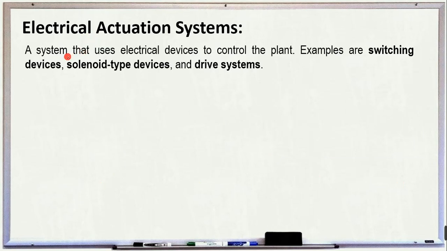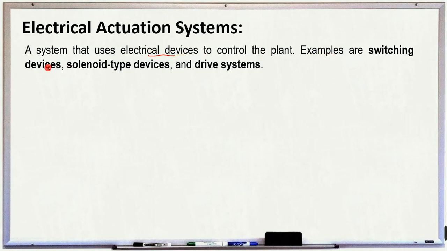It is a system that uses electrical devices to control the plant. Unlike mechanical systems that use mechanisms, hydraulic uses liquid, and pneumatic uses gas. In electrical, of course, electrical devices are used to convey motion or anything else.